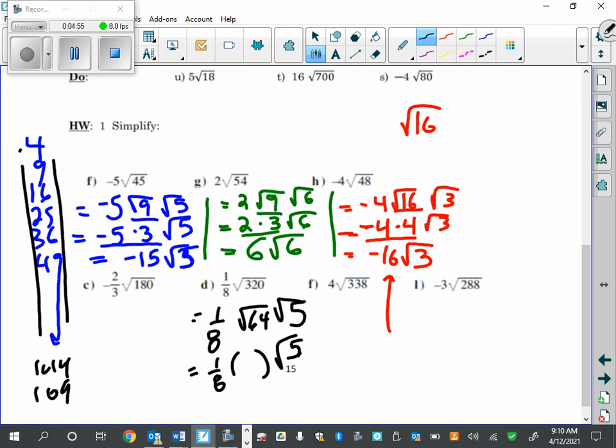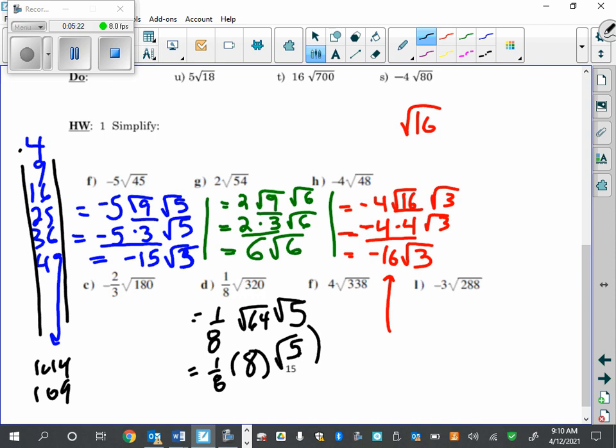Remember, it's multiply, not add. Square root of 64 is 8, and then you have to know what 1/8 times 8 is. If you have 1/2 of $20, how much money do you have? 10. So multiplying by 1/2 is like dividing by 2. If you have 1/3 of $30, how much do you have? Multiplying by 1/3 is the same thing as dividing by 3.